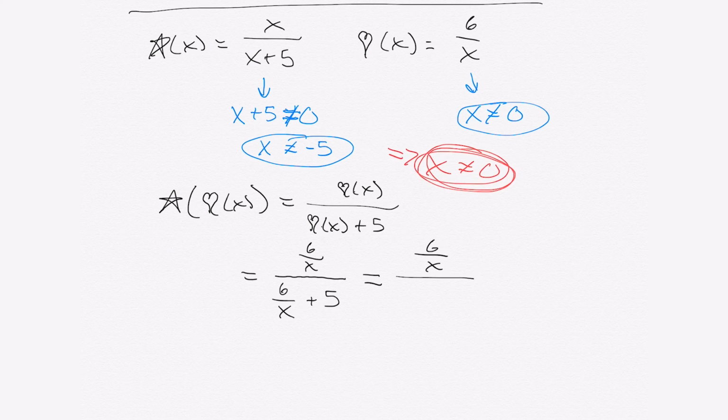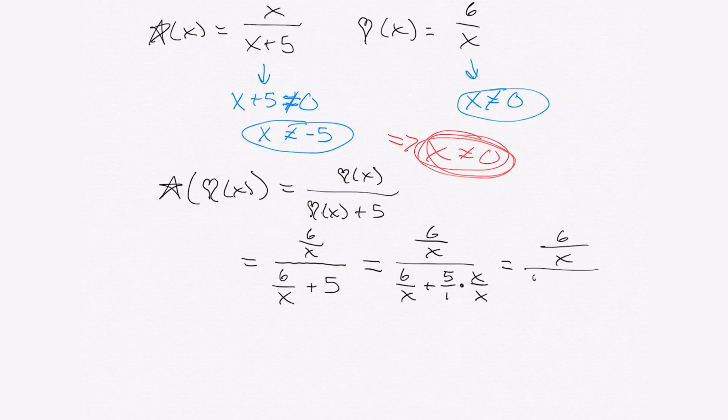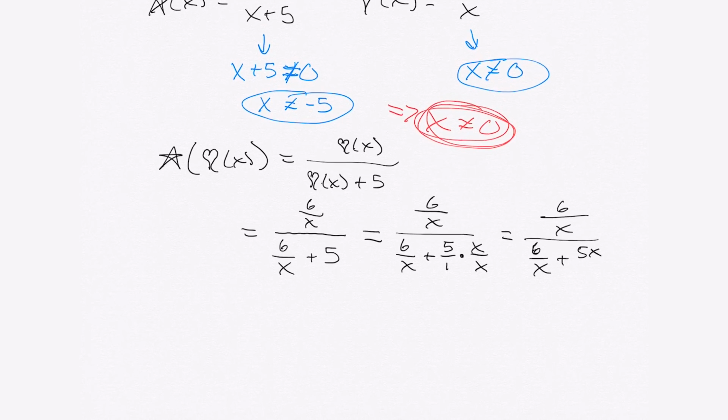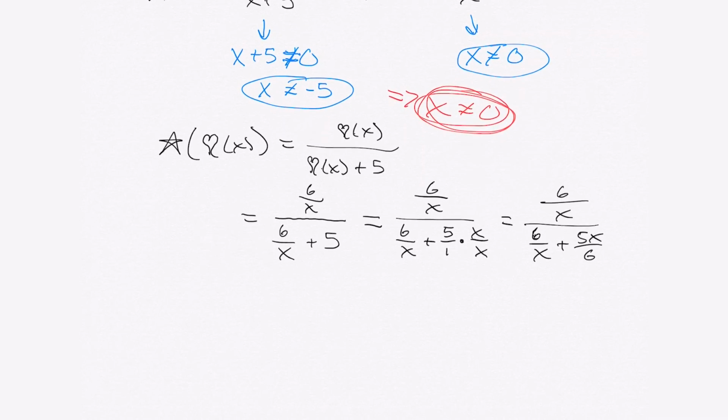In my denominator, I have this 6 over x, and I'm going to write this 5 as a 5 over 1 so that I can multiply it by x over x in order to achieve a common denominator. Let me keep going over here: 6 over x all divided by 6 over x plus 5x over x. That's not an x.